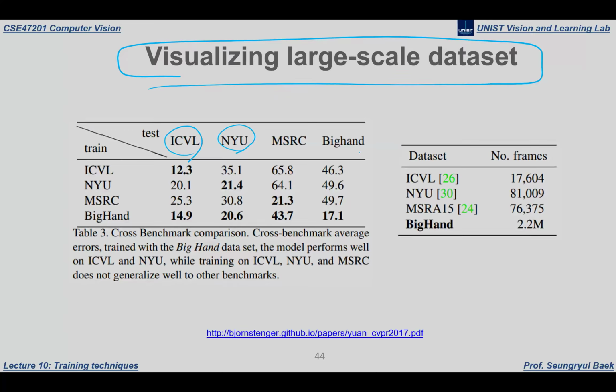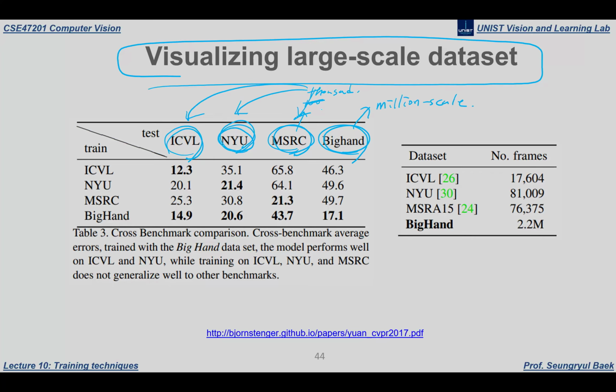These names are showing the benchmark names. ICVL is a benchmark having a few thousand samples. This is also a small scale benchmark with a few thousand. This is similar, but this is the big hand data that has million scale data. So this is thousand scale, a few thousand, which is small in scale.